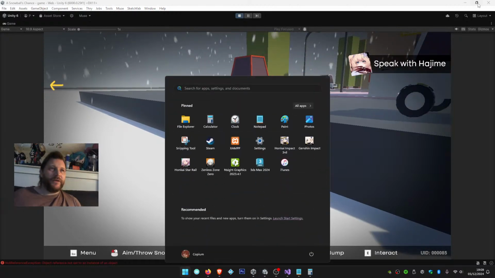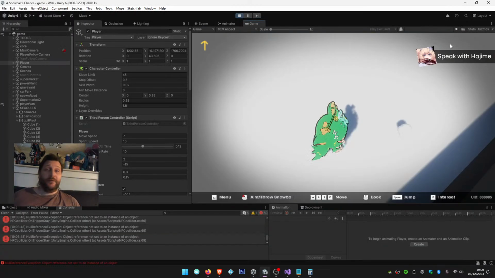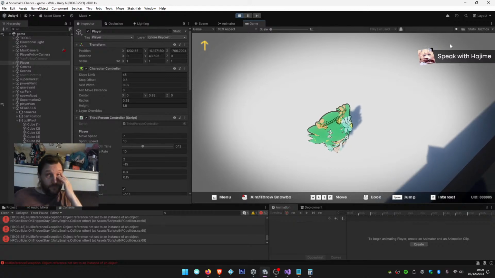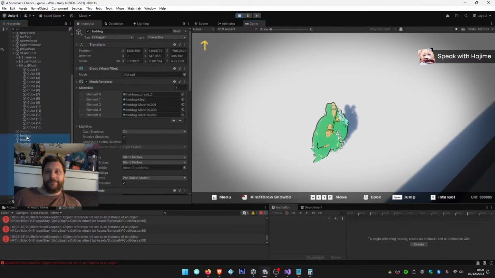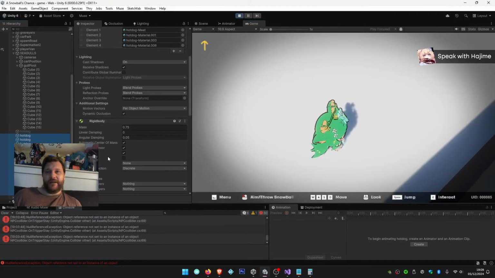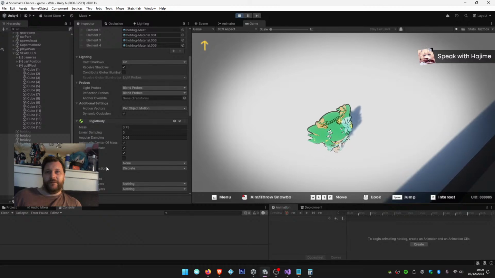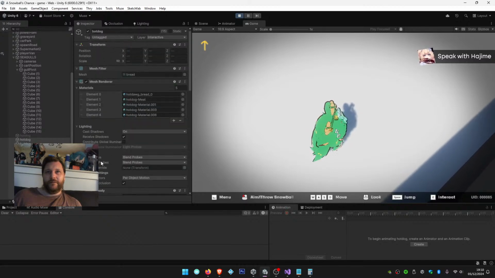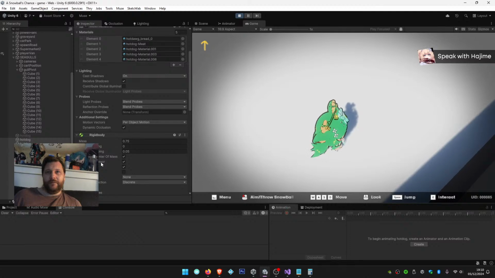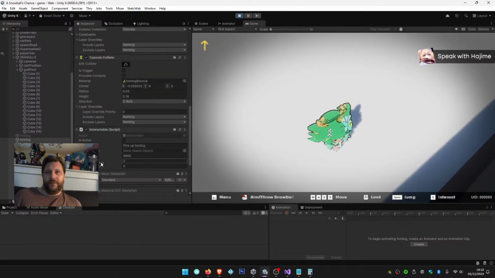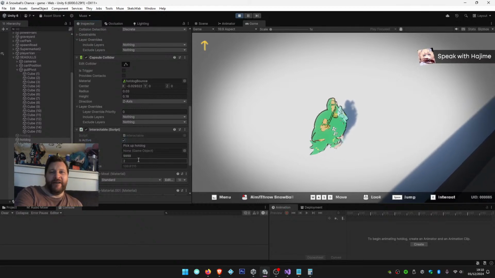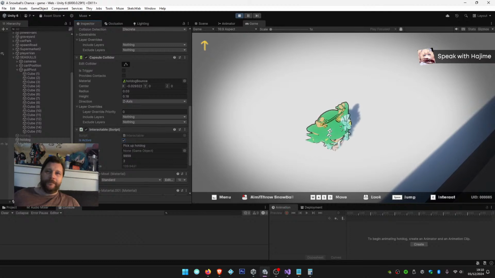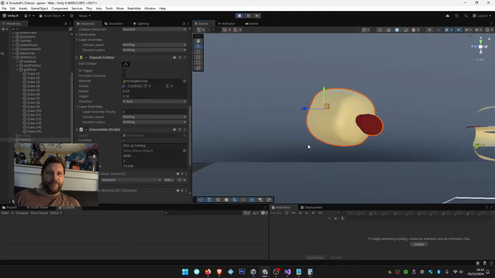So the next thing I wanted to debug was the interactable hot dogs. If I make these active, and we're using a distance of 2, let's find a hot dog, because this wasn't working.